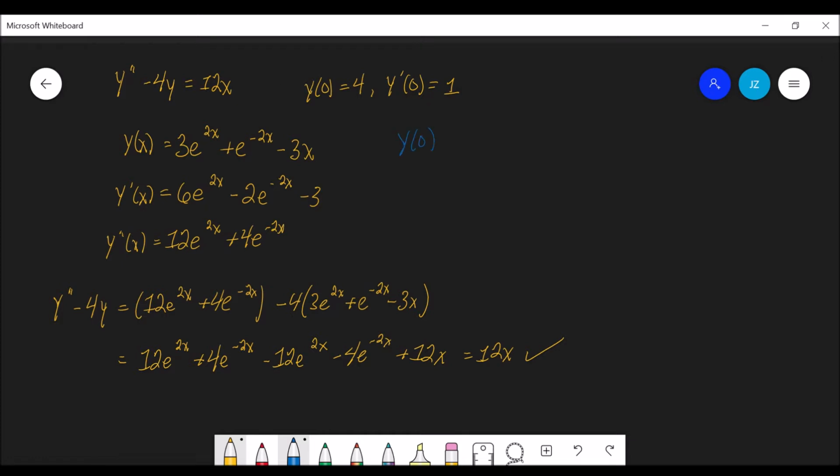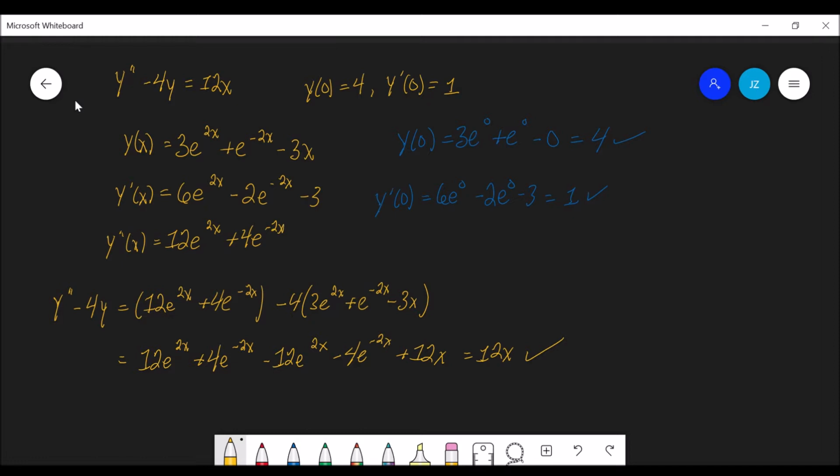So y of 0, we get 3e^0 plus e^0 minus 0, which is 3 plus 1, which is 4, so that checks out. y prime of 0 is 6e^0 minus 2e^0 minus 3. This is negative 5 plus 6 is 1, so that checks out. So this function satisfies the initial value problem, and so it is a solution to the initial value problem.